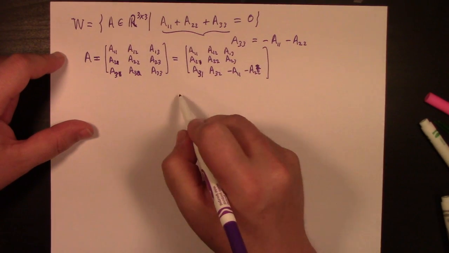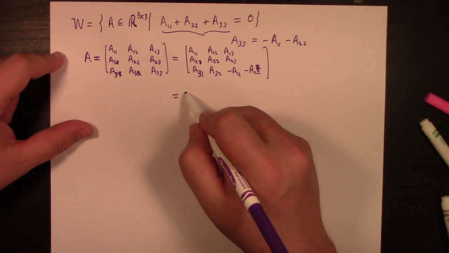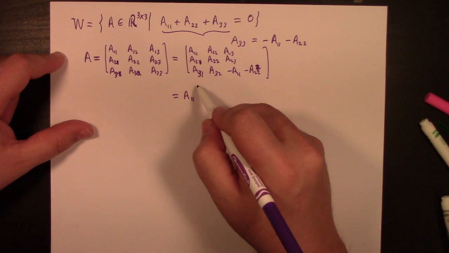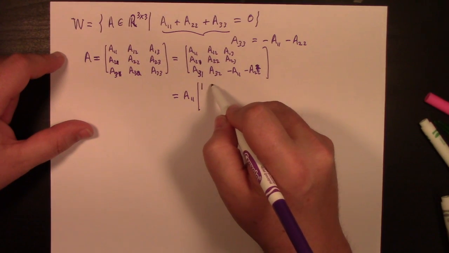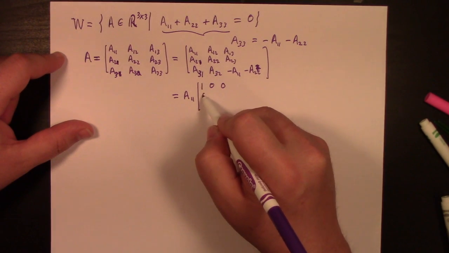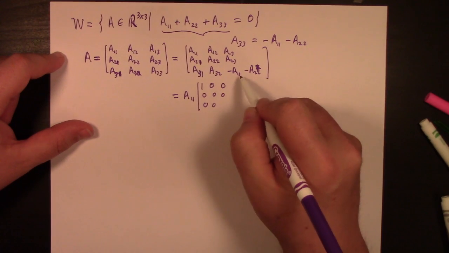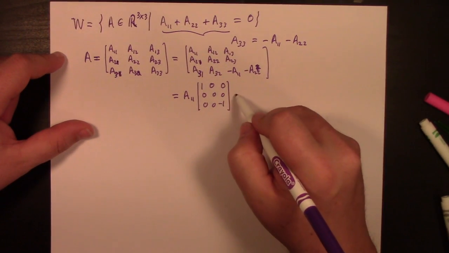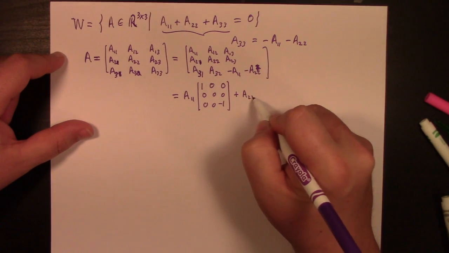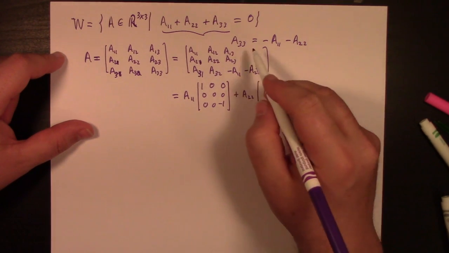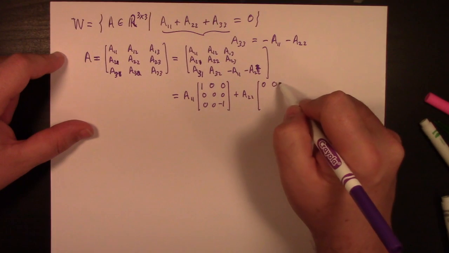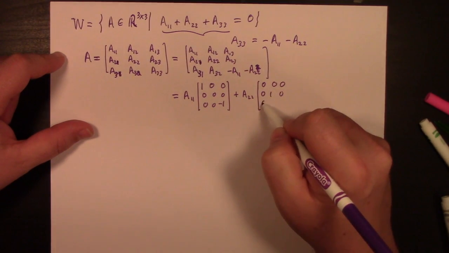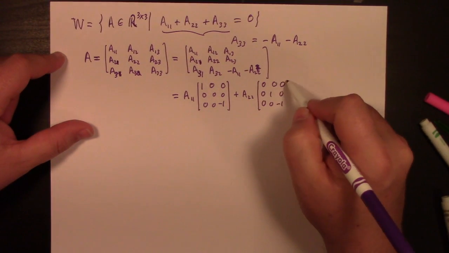All right. So then you just go, okay, well I can rewrite that as A11 times what? Times 1, all zeros except where? Minus 1. And then I've got, let's say here, plus A22, and then what happens? I'm just doing the interesting ones to start with: 0, 0, 0, 0, 1, 0, 0, 0, and then a minus 1, right?